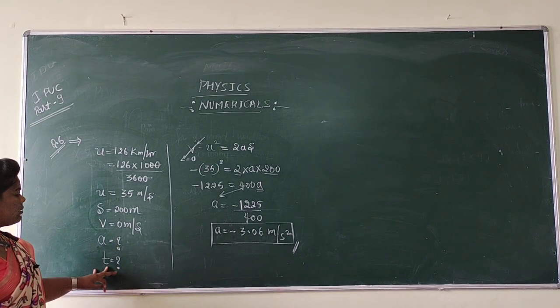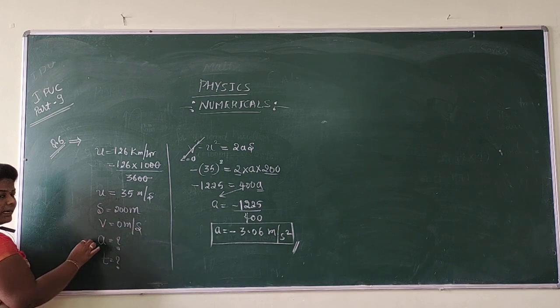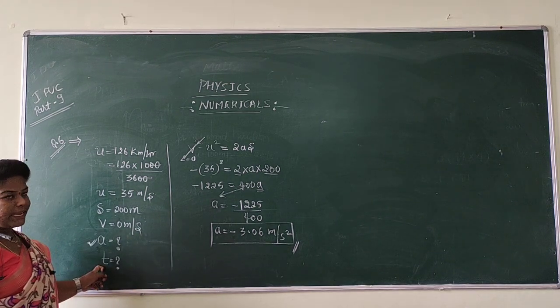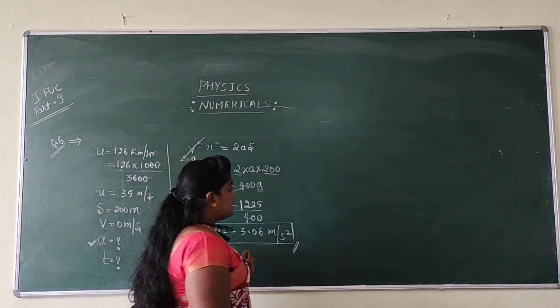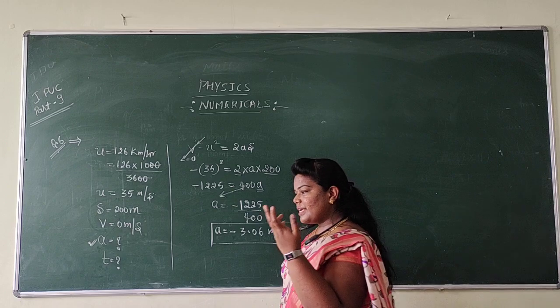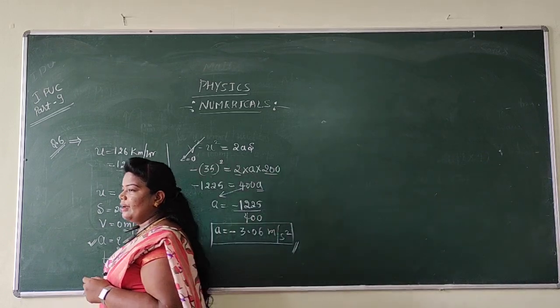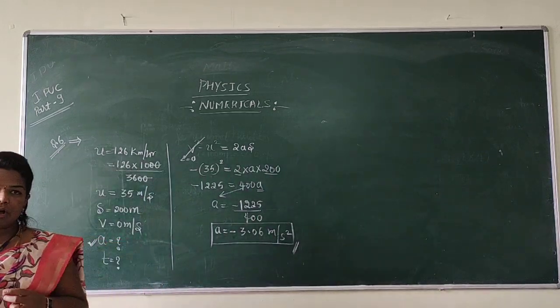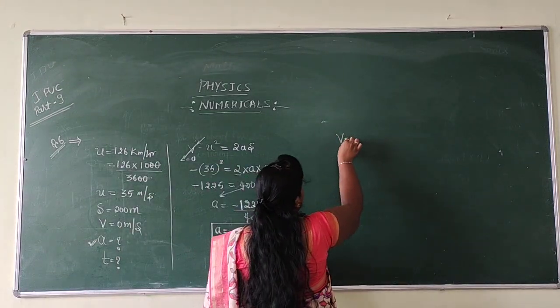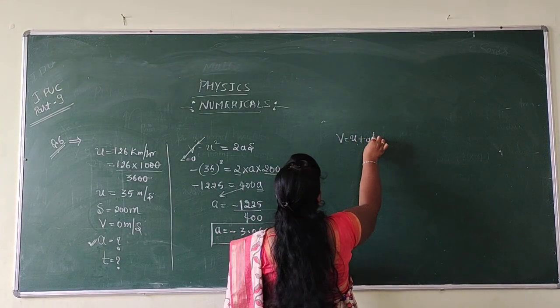Now let us move to the calculation of time. We calculated the acceleration. Now let us calculate the time taken. How to calculate the time here? You can use any of the formulas, that is v is equal to u plus at, or s is equal to ut plus half at square. I am using a simple formula, that is v is equal to u plus at.